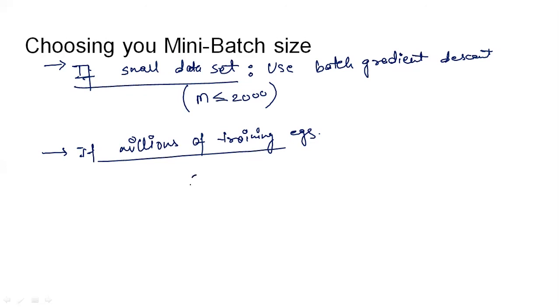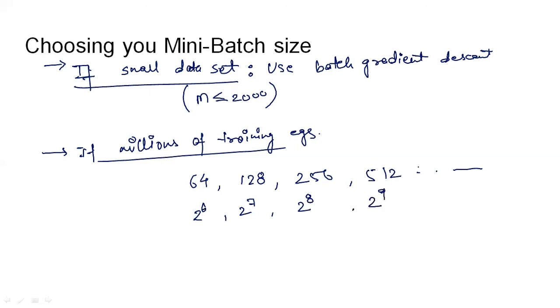Suppose you can take the batch size as 64 or 128 or 256 or 512, and so on. 64 is exactly 2 to the power of 6, then 2 to the power of 7, 2 to the power of 8, 2 to the power of 9, and 1024 is 2 to the power of 10. So you can choose the size of the mini batch in powers of 2.